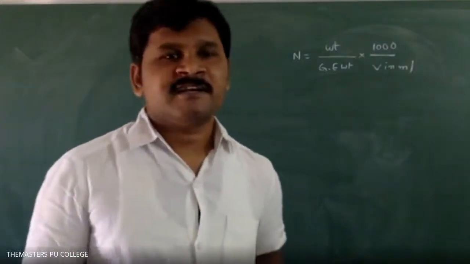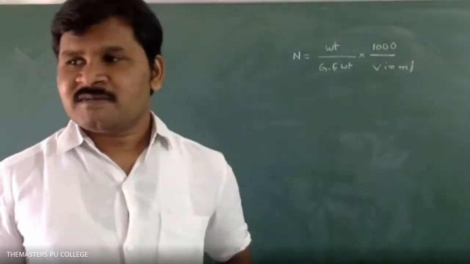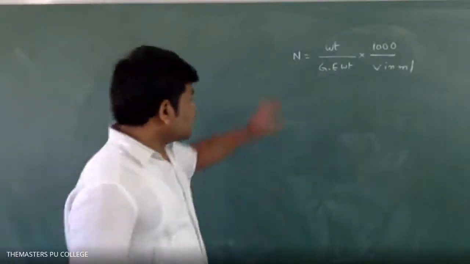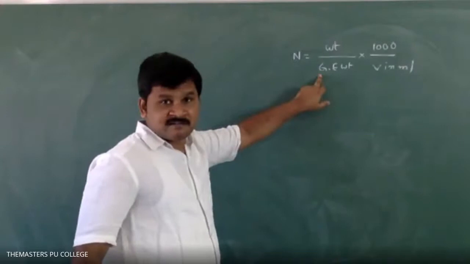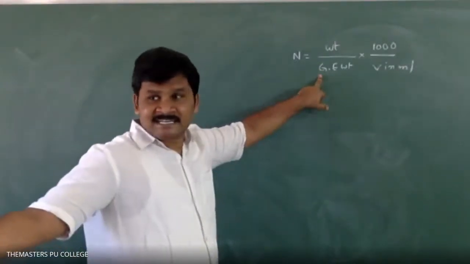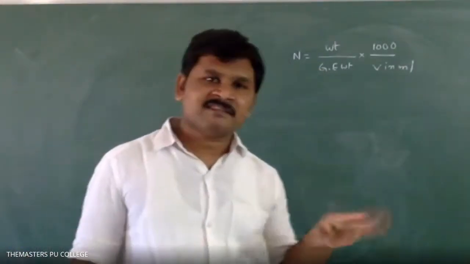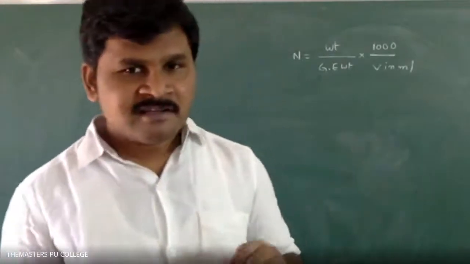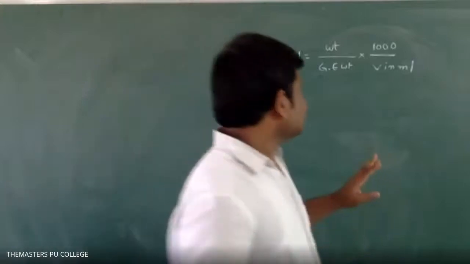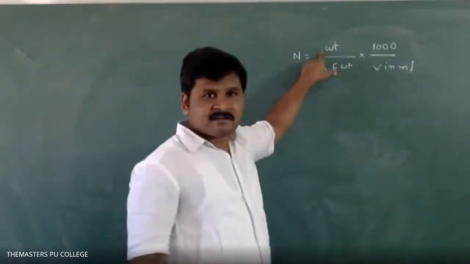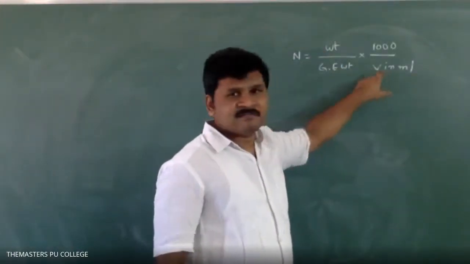Normality is equal to weight by gram equivalent weight into 1000 by V in ml. This is given. This is also given. HCl equivalent weight is 36.5. Okay? 36.5 is the equivalent weight of HCl. But the weight is not given. He is telling us to calculate volume.